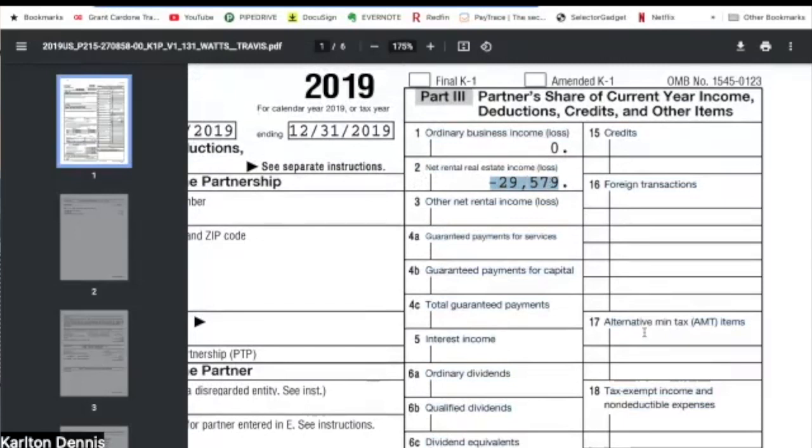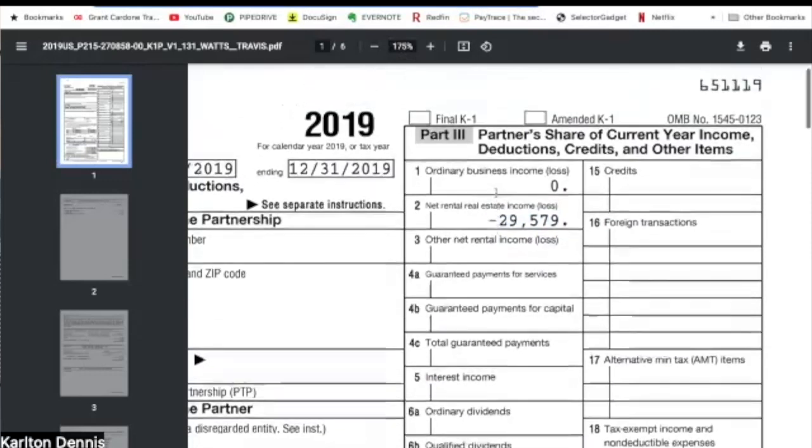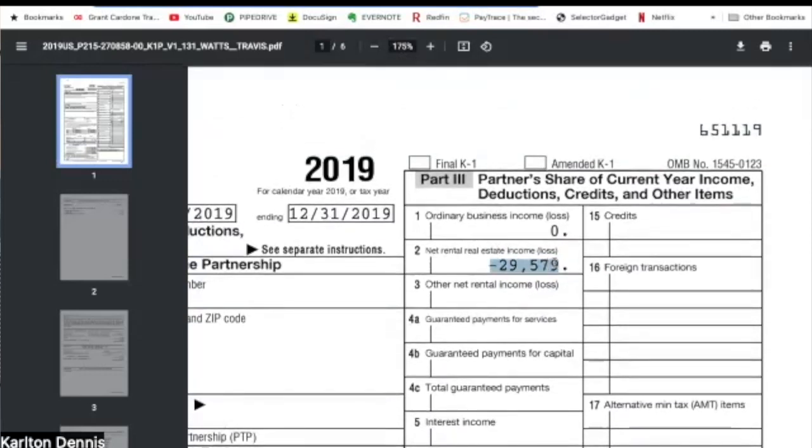What this means is that this loss being on the same form as this distribution is counted as a deduction against the income that we just added up. So this $29,000 loss is actually what we as taxpayers would see on our normal 1040 tax return when we actually move forward in filing our individual return.